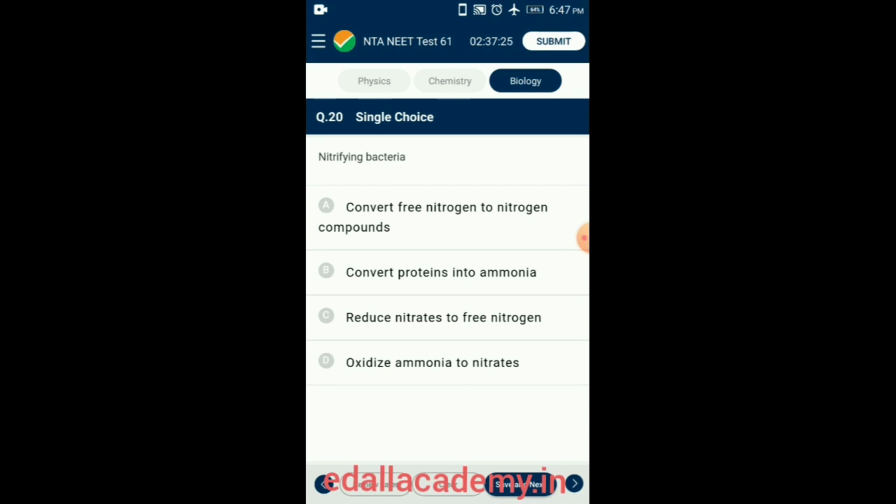In the second step, nitrite is oxidized to nitrate by nitrate bacteria, for example Nitrocystis and Nitrobacter. So the correct option is option D, oxidize ammonia to nitrates.